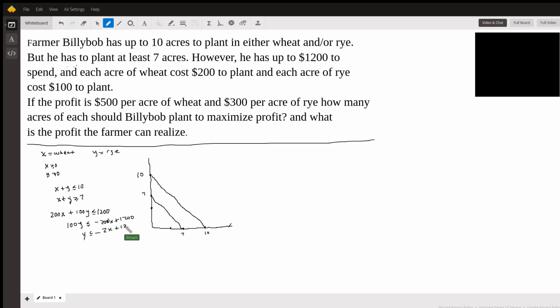When X is 0, Y is 12, so I need a 12 up here. When Y is 0, X is going to be 6, so I have a 6 here. And so I'm going to have a line that looks like this.